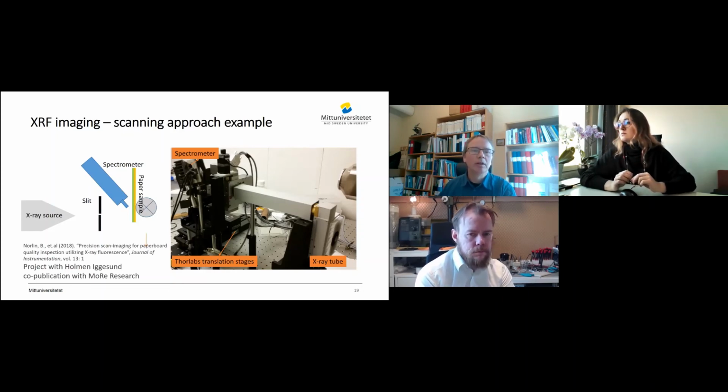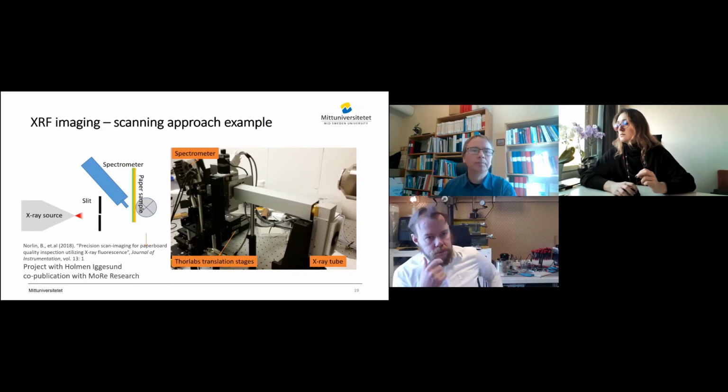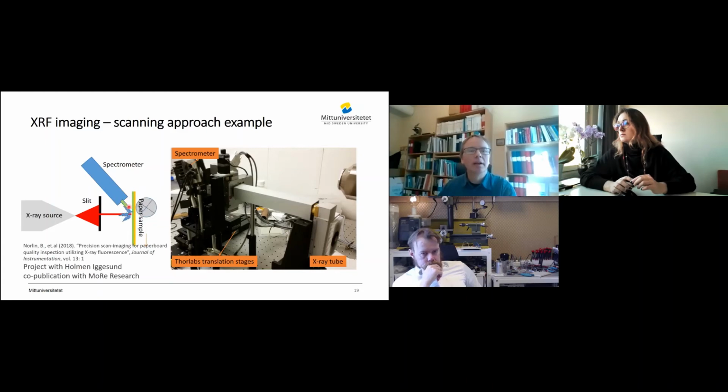This was done in collaboration with Mora Research, in a project with Iggesund and Holmen. If we X-ray the sample and start to move it, we need one spectrometer, and we can get a signal out, and then reconstruct this to an image.